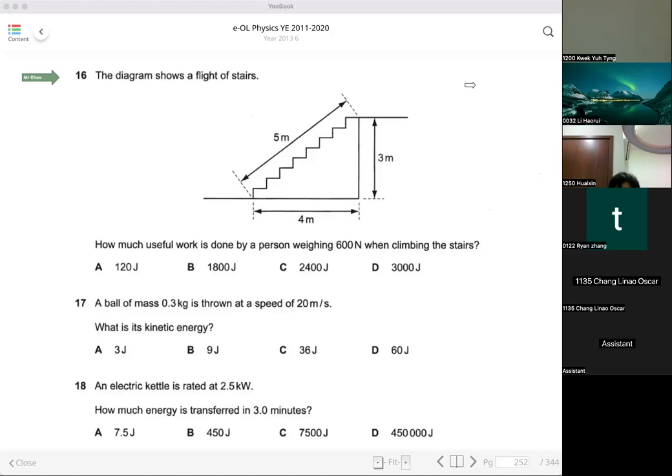Huai Xing, are you there? Okay, Yu Ting, 17 correct. Hao Rui, 17 correct. Oscar, 17 correct. Huai Xing, are you there? Ryan, why is your camera off?